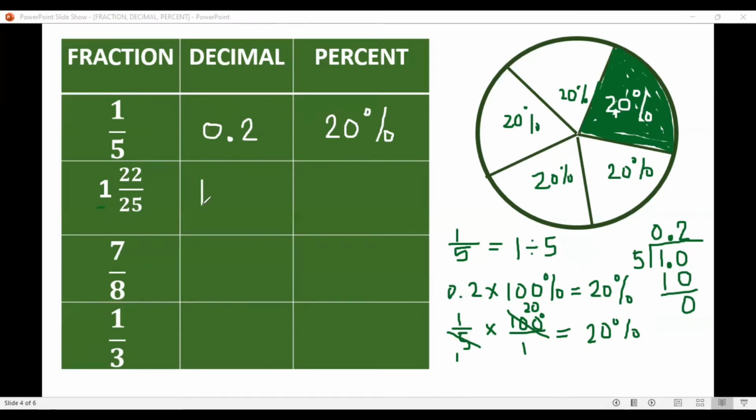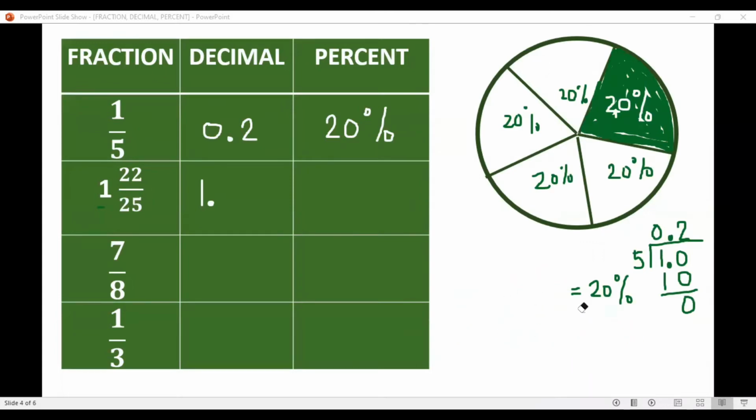So we have 1, and the 22 over 25 will just be the one to be manipulated. Again, if you have a whole number, that represents the whole number in your decimal form. So for 22 over 25, the process will just be to divide. You divide the numerator by the denominator.